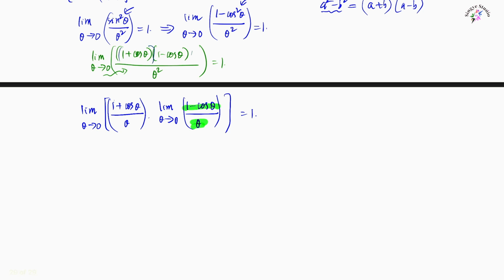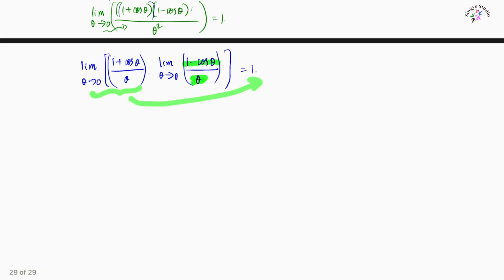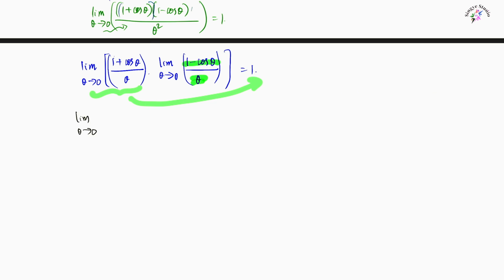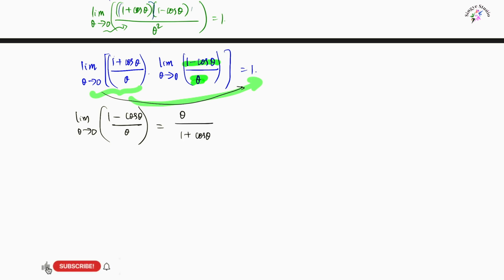So we can shift this to the other side and take the reciprocal of it, because from the limit rules we also know that the reciprocal of the limit is the limit of the reciprocal. So we can take the reciprocal and we'll get the limit as theta approaches 0 of (1 minus cosine theta) upon theta equals, taking this here, the limit as theta approaches 0 of theta upon (1 plus cosine theta).